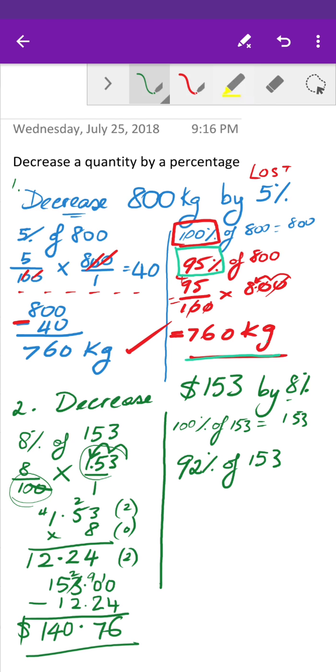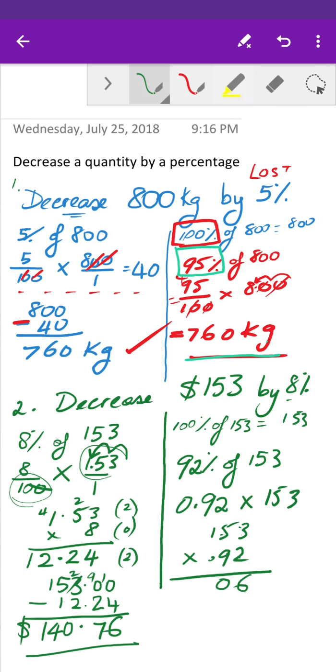This time I'm just going to change 92% into 92 divided by 100, so we're going to multiply 153 by 0.92. 2 3s are 6, 2 5s are 10, 2 1s are 2 and 1 is 3. Let's start with 0 now.